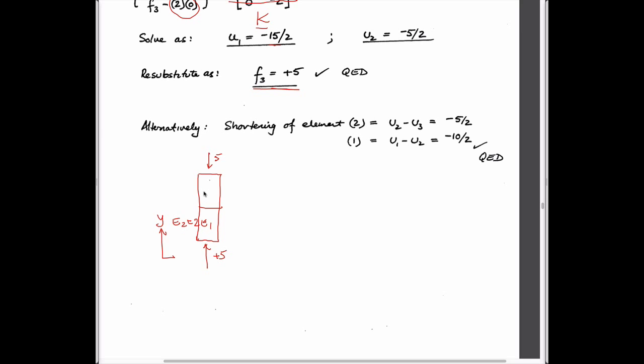And this is E1. And so what's the displacement? If we plotted displacements of these versus depth, then the displacement at the top one is equal to minus 15 over 2. At the bottom one is, bless you, minus 5 over 2.